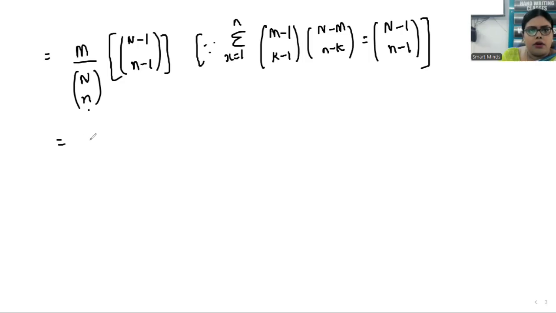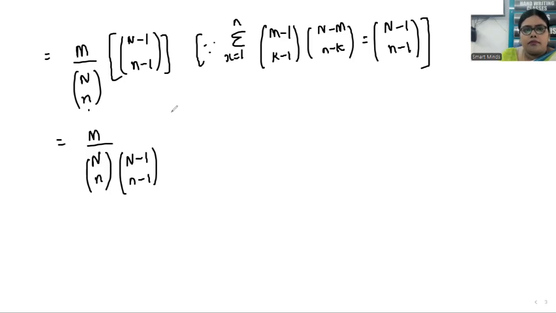So that is equal to m by NCn into N minus 1 C n minus 1. So this is nothing but mn by N because these two get cancelled.